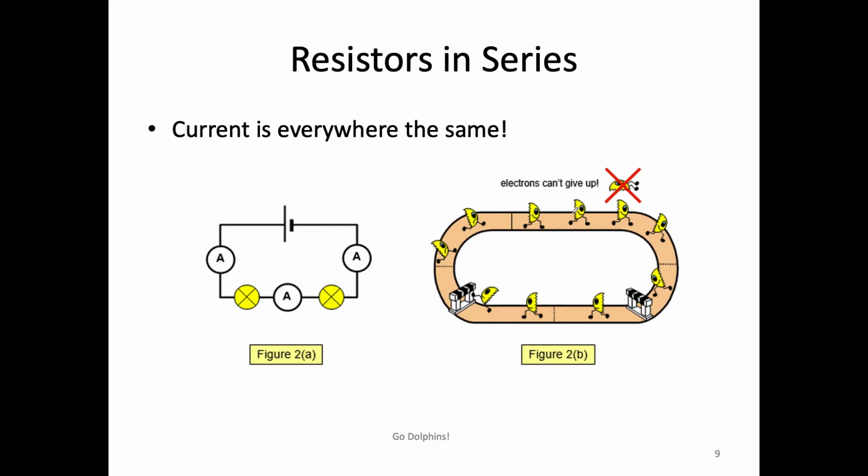We need to figure out the relation between the potential over R1, R2, and R3, and the current going through R1, R2, R3. Let's first think about the current. If you have a series circuit, the current cannot split, so there's only one way the current can go.